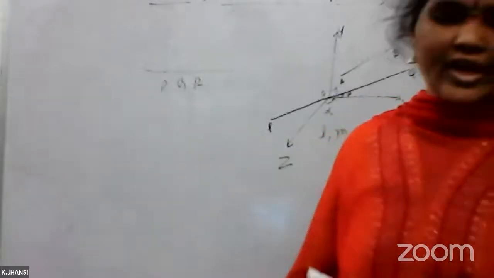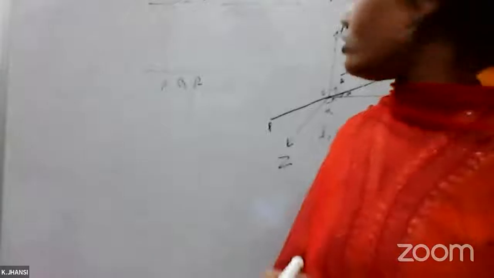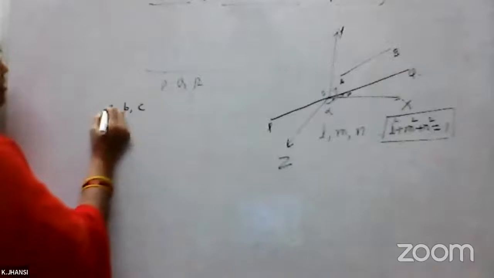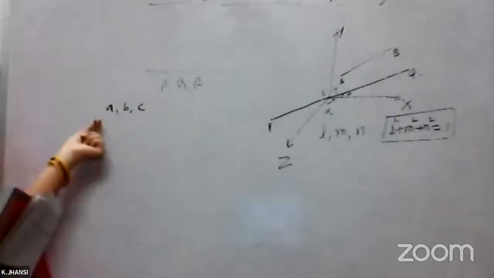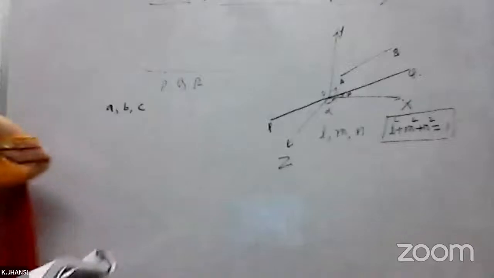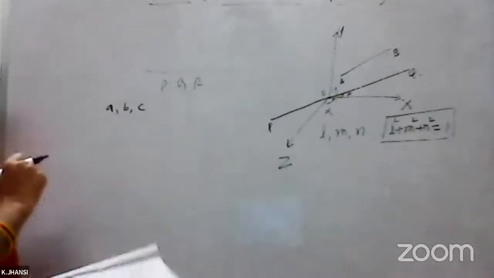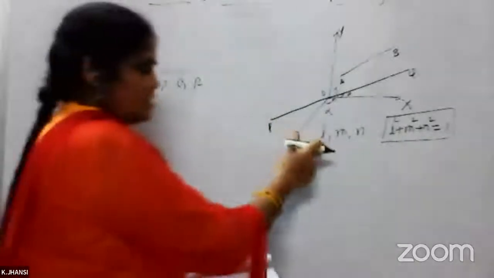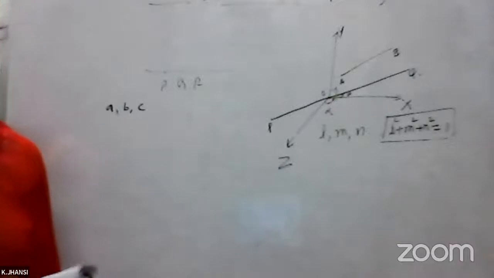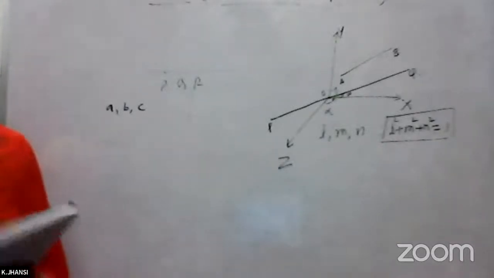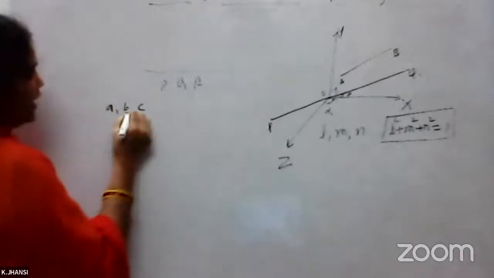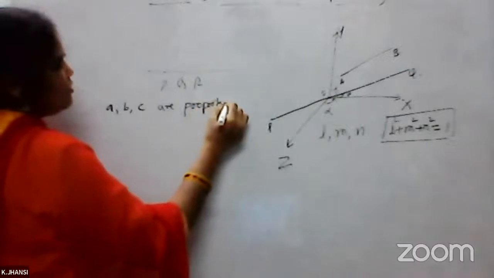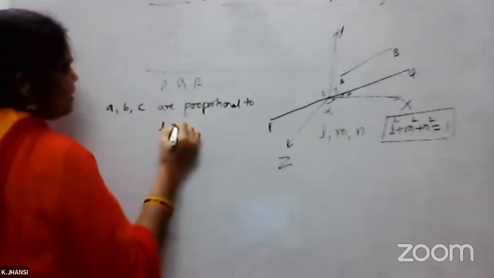Next we have direction ratios. Direction ratios are represented with small a, b, c. Whatever the direction cosines l, m, n are, a, b, c are directly proportional to l, m, n.